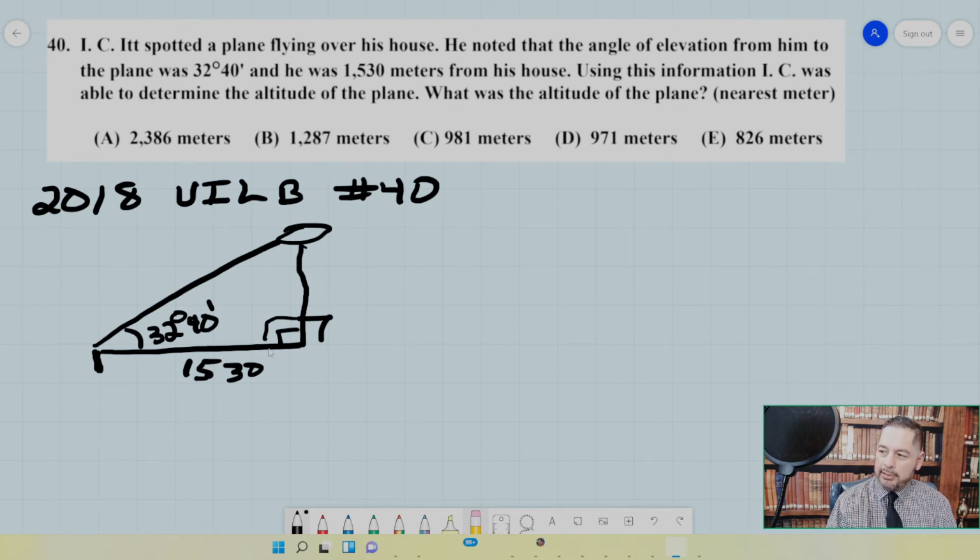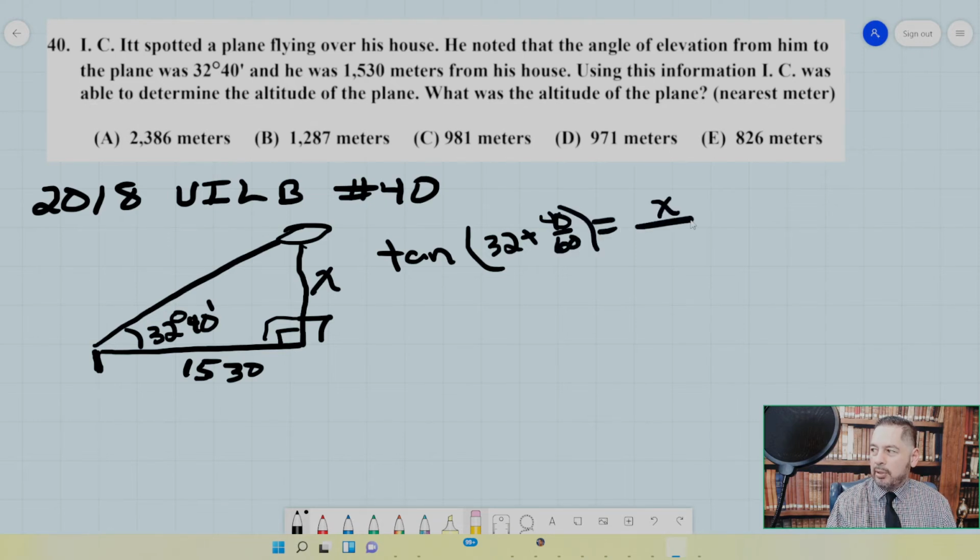We have the adjacent side, and we're searching for the altitude, which we'll call X. So, opposite over the adjacent, we know that the tangent of 32, now we want to be in degrees here, so I'm going to change it to 32 plus 40/60ths of a degree, because there's 60 minutes in a degree, is equal to the opposite over the adjacent.